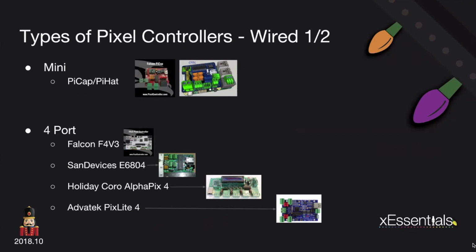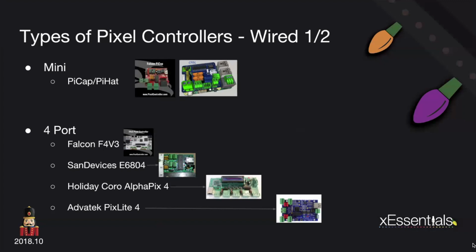A couple of things about the Pi Hats and Pi Caps. There are a couple of different variants of them out there. I've shown a couple here, one from Falcon, one from Crockett. They have slightly different capabilities, and depending on the version you're looking at, they may or may not have a buffer chip, for doing a proper line driver so they can drive a fair distance from the pixels, and also for protecting the GPIOs.